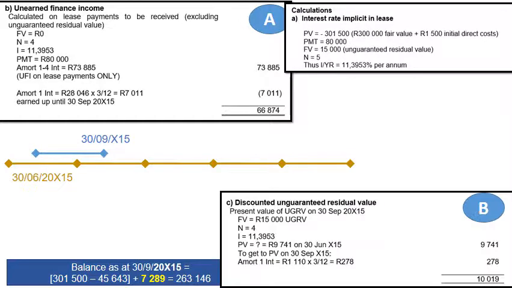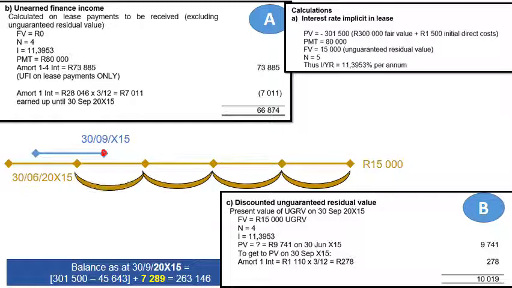Next, we have to calculate the discounted unguaranteed residual value. So what we are actually doing is calculating the present value of the unguaranteed residual value as at year end. So we know that the unguaranteed residual value is 15,000. However, that is the value that it's going to be in 1, 2, 3, 4 years' time, actually 3 and a bit years' time.